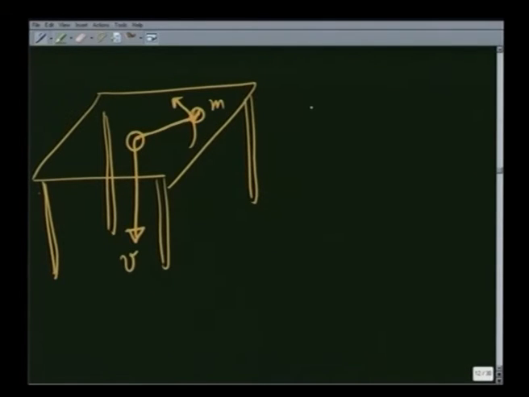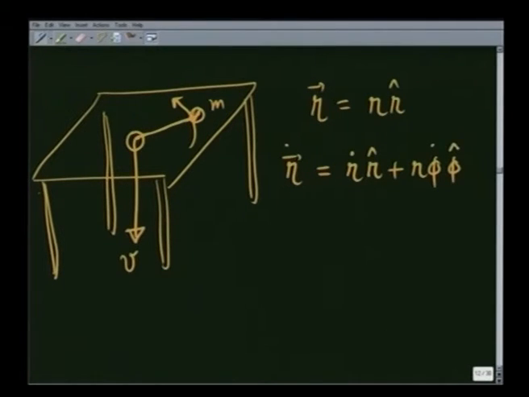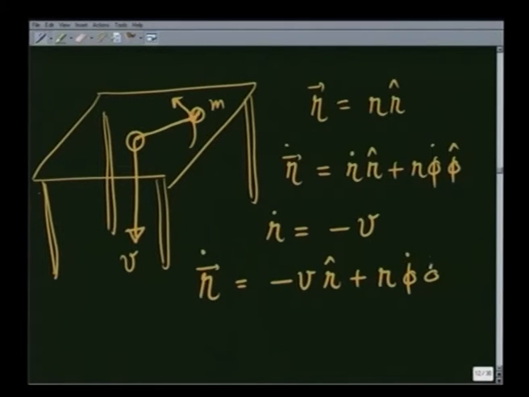So, the position of the particle at any time is given as r = r r-hat, and the velocity is r dot = r dot r-hat + r phi dot phi-hat. r dot is given to be constant and r is decreasing, so it is minus v, and therefore the velocity is equal to minus v r-hat plus r phi dot phi-hat.